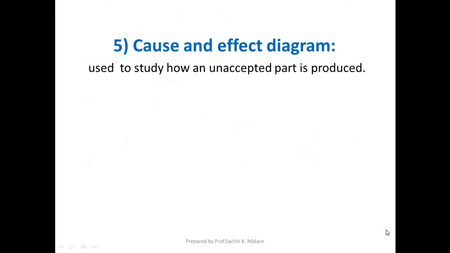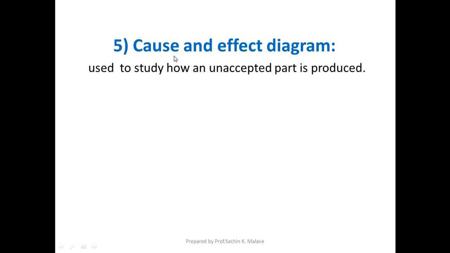Now moving further, the next quality tool is a cause and effect diagram. It is also called a fishbone diagram. So basically the purpose of this cause and effect diagram is to study how an unaccepted part is produced or how a defective part is produced.